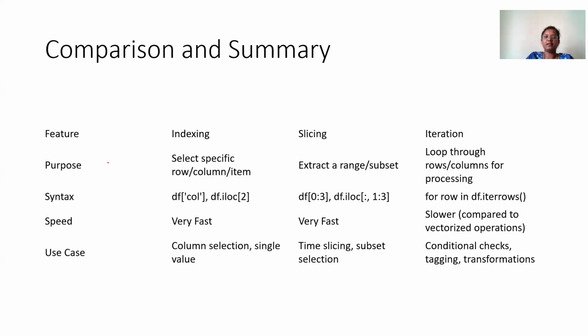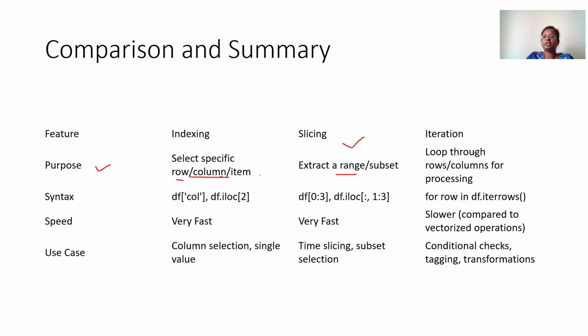We will just compare all the methods. First, the purpose. Indexing is to select a specific row, column, or item. If you want to extract a particular range of data, a subset of data, you can go with slicing.